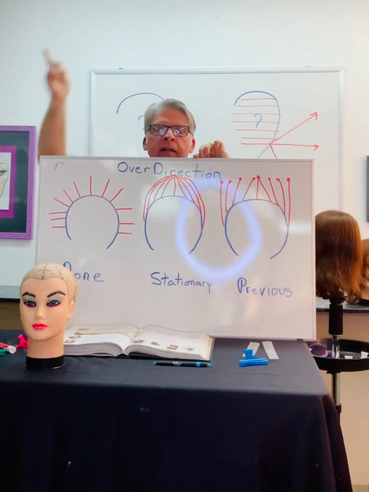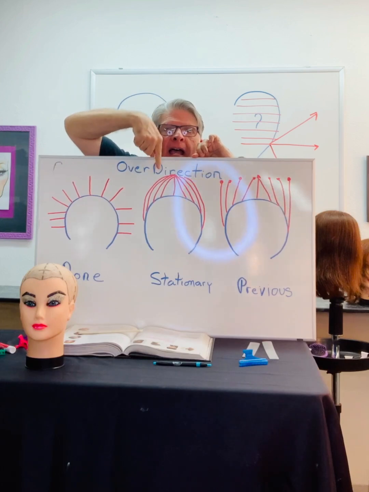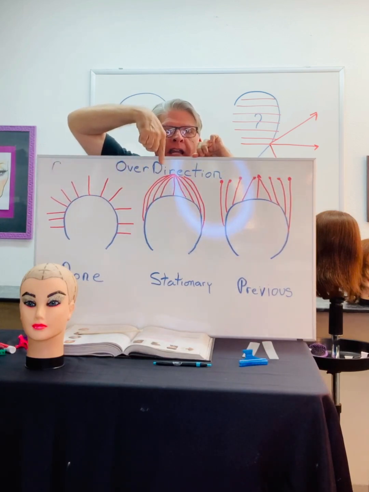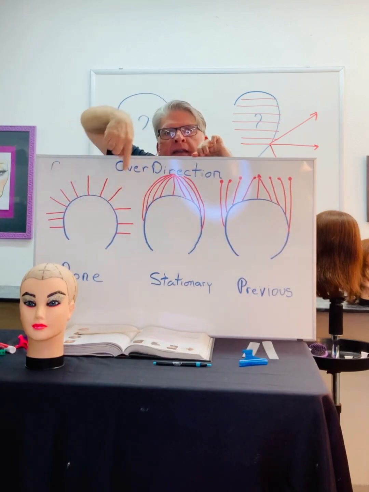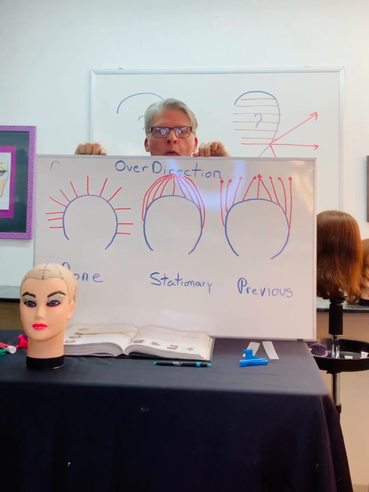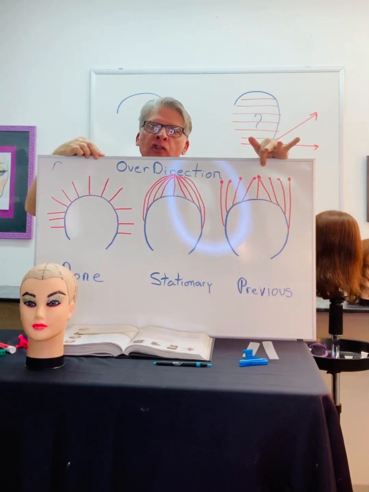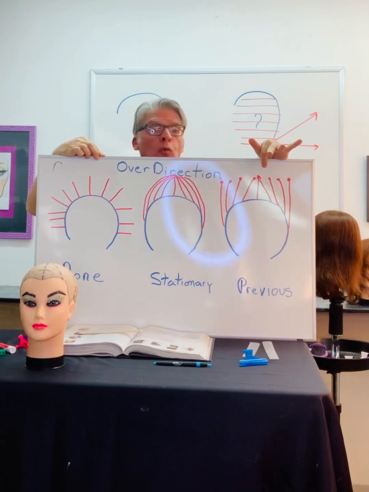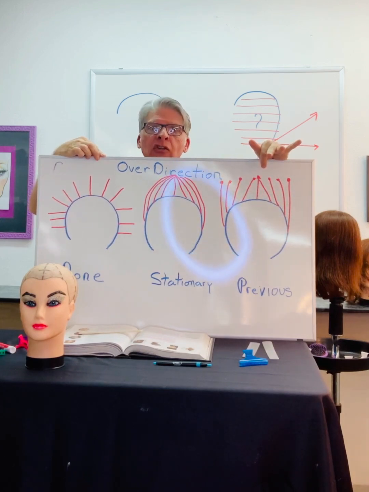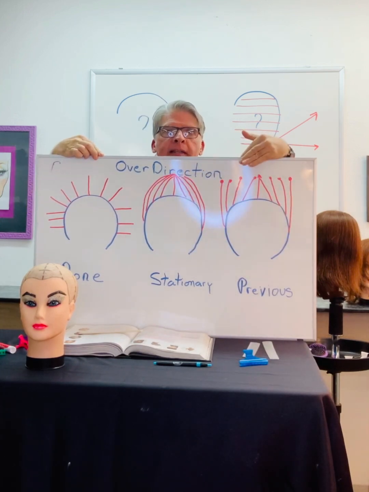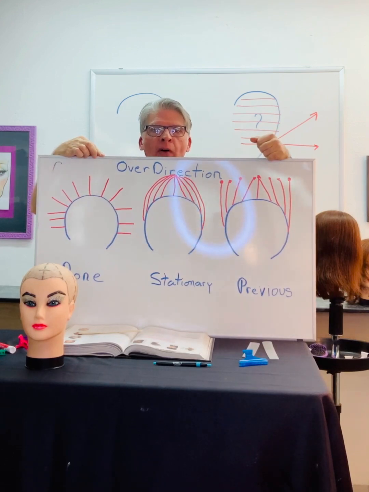This is the back of the head. I can elevate this to a stationary guide or overdirect this to a stationary guide, which is center back. The other version of this overdirection is I can overdirect it to the previous section. I'm still pulling the hair out of its natural fall.